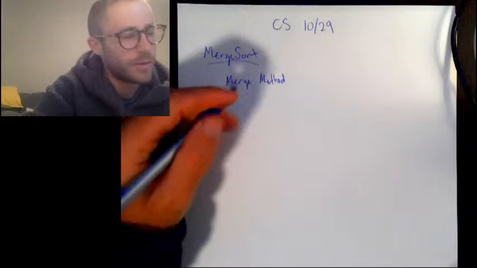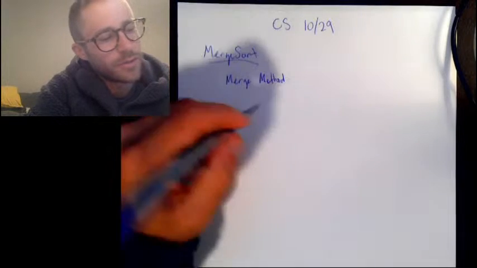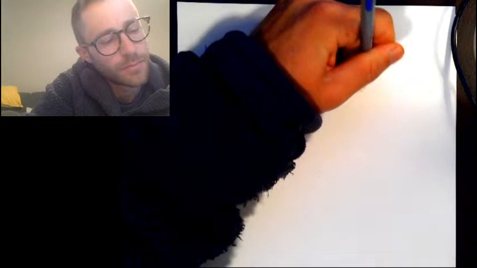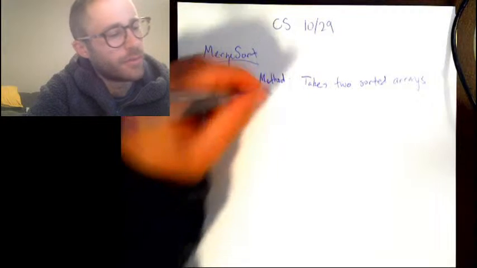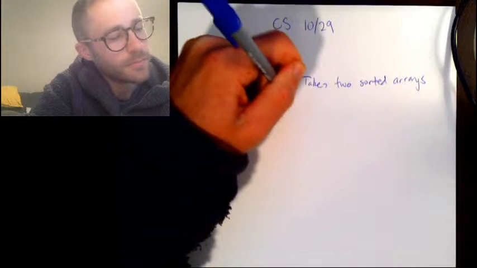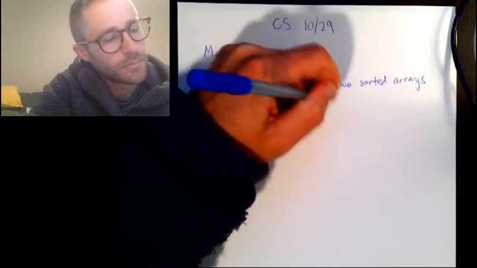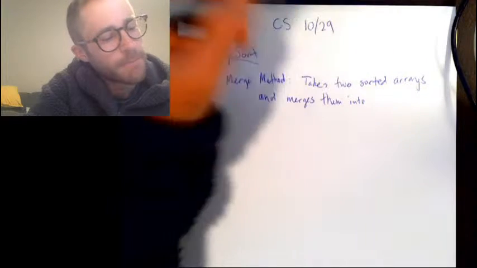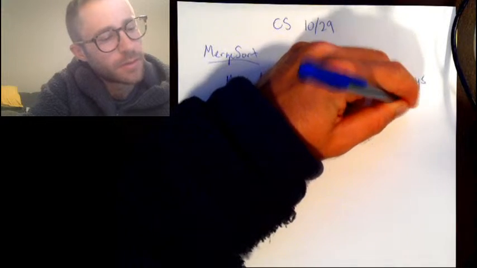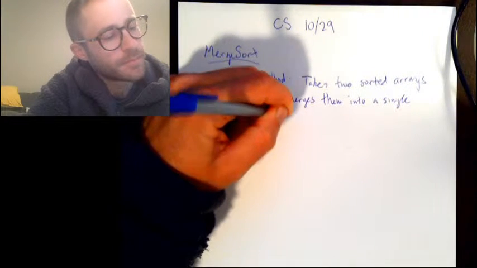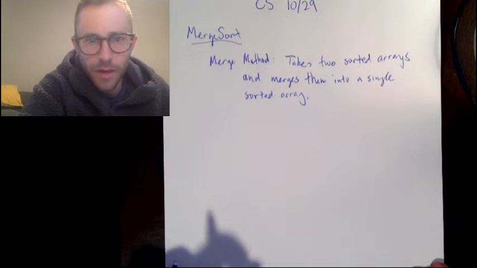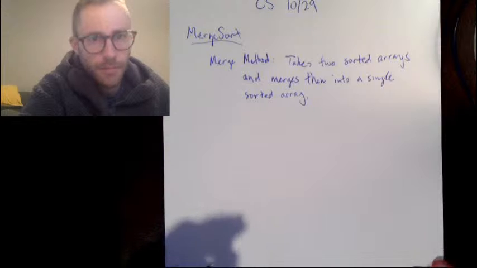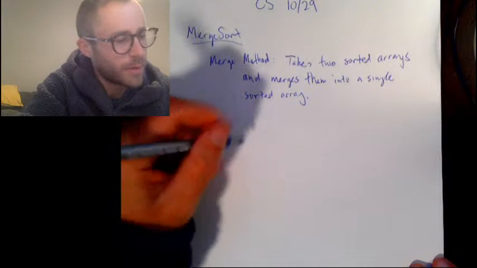So the merge method, what it does is it takes two sorted arrays and merges them into a single sorted array. Okay. So let's suppose I have two sorted arrays.